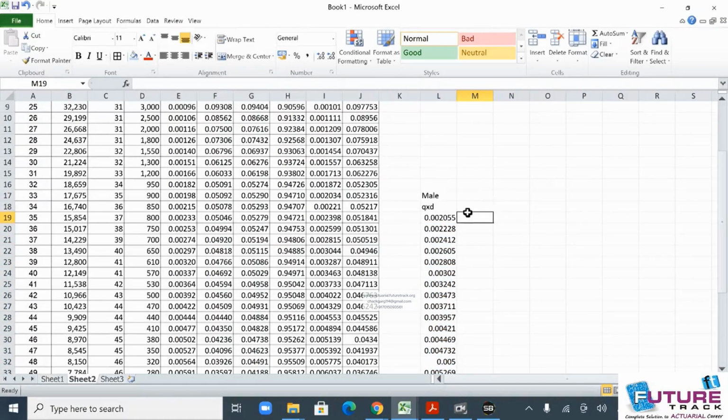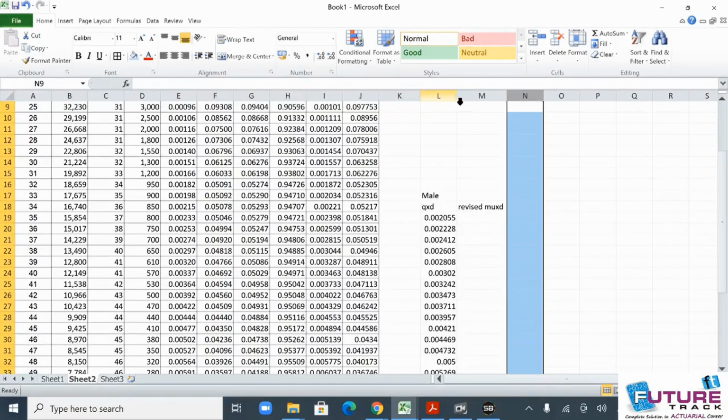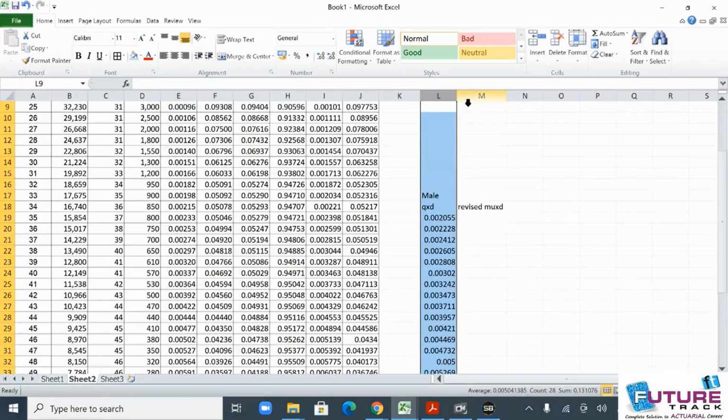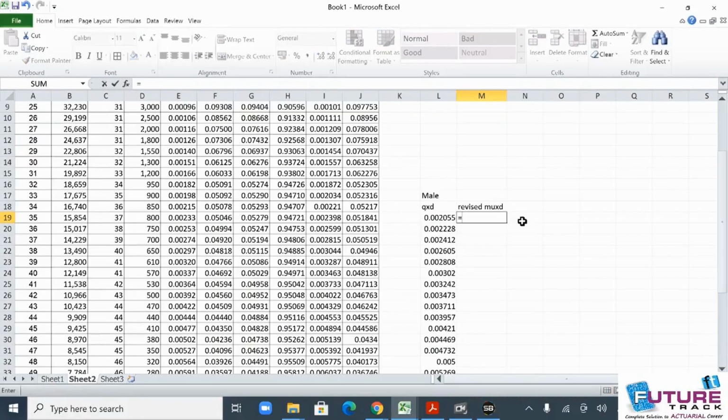Now class, we have to find revised mu xd. What is my revised mu xd? So revised mu xd will be minus ln 1 minus qxd, right?